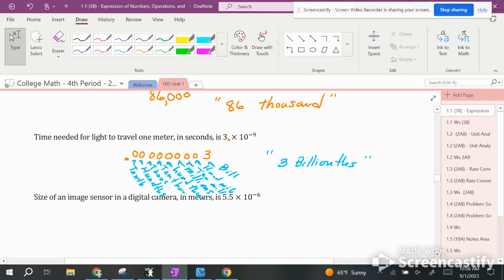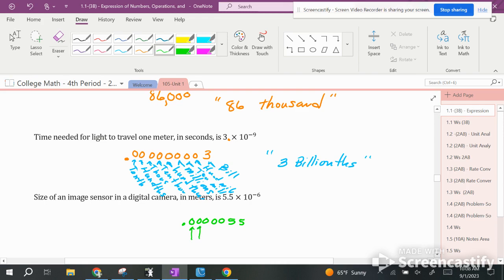Okay, so the size of an image sensor, I can't say that word, I just messed that up last class too. The sensor in a digital camera is measured at 5.5 times 10 to the negative 6 meters. So how would you write that? We're moving, how many zeros to the left am I going to write? 5, right? So we'll go 1, 2, 3, 4, 5. Okay, so how would you say this one?